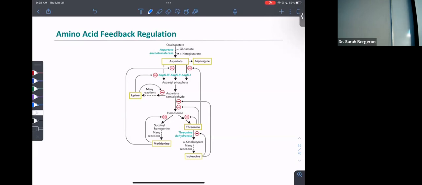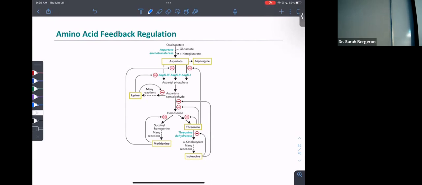Because if I look up here, if I inhibit this pathway, nothing below is going to happen. So threonine can inhibit itself, it can inhibit methionine, and it's also going to inhibit isoleucine just because isoleucine comes after threonine. Then what else are we going to inhibit? All the way at the top, right, you're going to also inhibit lysine.